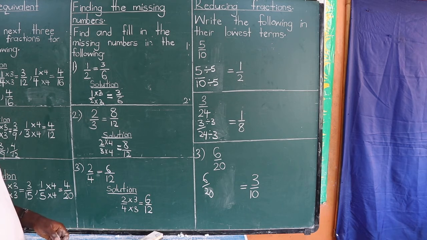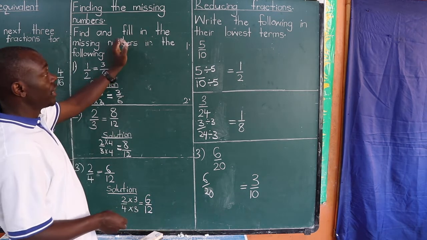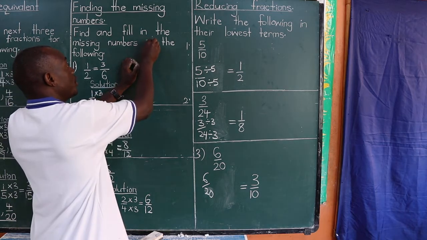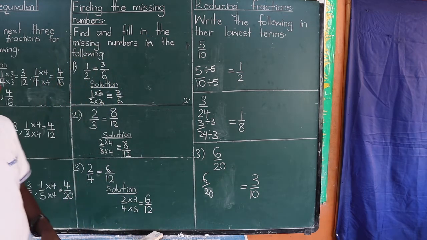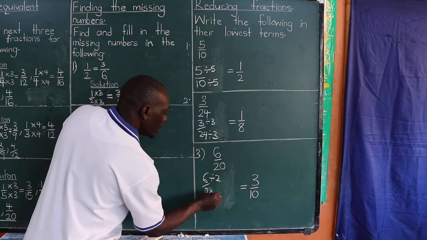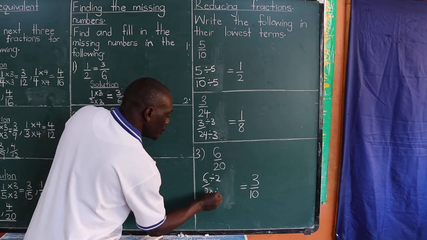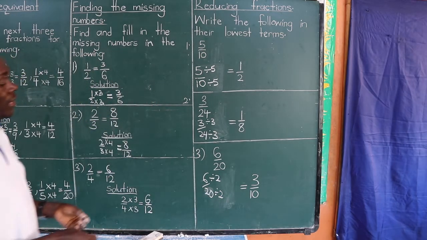We divide by 2. We divide by 2. So it's only 2 that is a common divisor between those two. If you know the tables, 6 is a multiple of 2, and 20 as well. So we divide by 2 and by 2. There are not many, so it's only 2 that divides both.